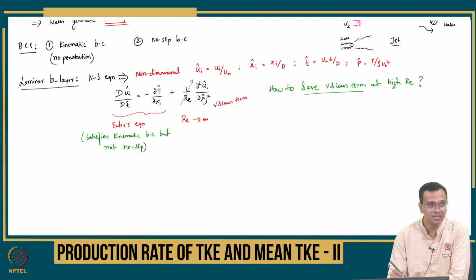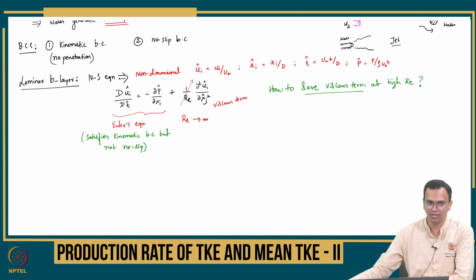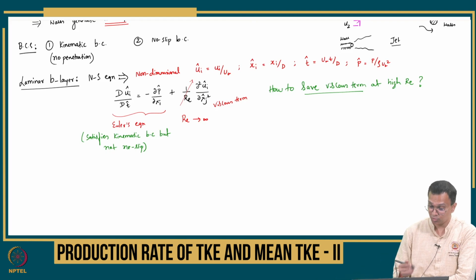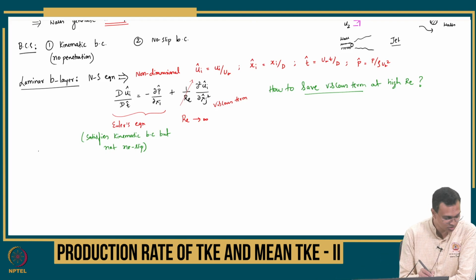So he said there is a thin region close to the wall where even though your Reynolds numbers are extremely large, this particular term becomes so important that it balances it out so that the term survives. That's how he saved fluid mechanics. Right? It's very important to know before we proceed into turbulent boundary layer, which is much more complicated.